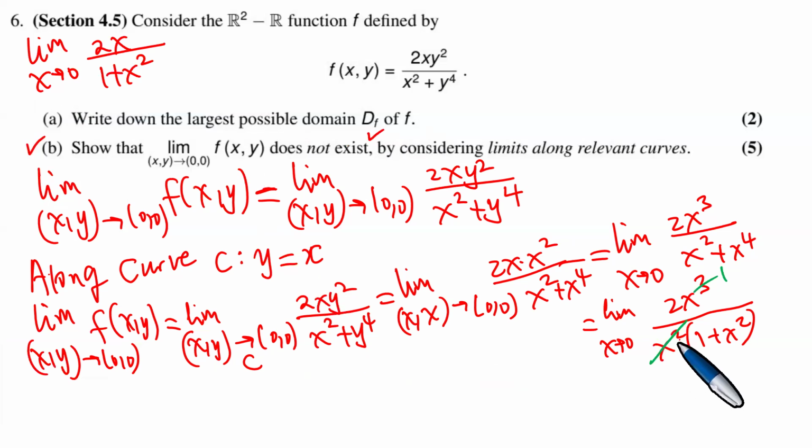This x squared has removed one factor of x squared from the x cubed. So this would therefore be equal to this.